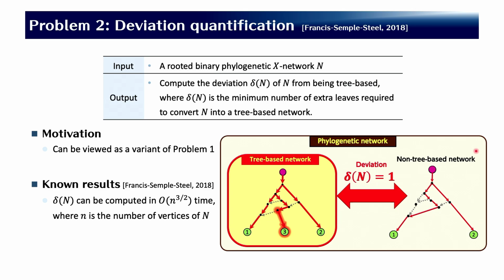This problem is a variant of the previous decision problem. In the decision problem, the only question is whether the network is tree-based or not, so the answer is always yes or no. But in this problem, if the network is not tree-based, we want to quantify how much the network deviates from being tree-based.